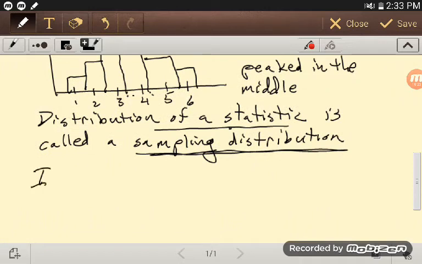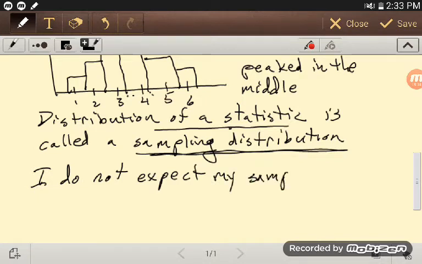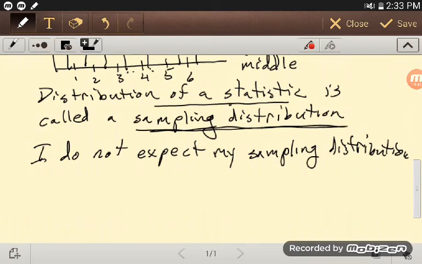I do not expect my sampling distributions to look like my population.